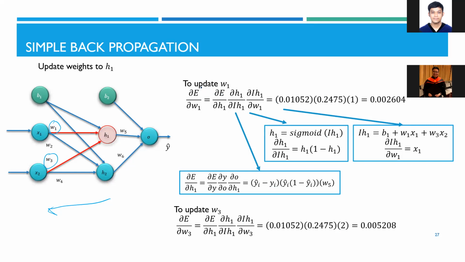Again, we start from the E. To reach W1, E should be derived to Y first, then to O, then to H1, then to the input of H1, and then W1. So it goes E to Y, Y to O, O to H1, H1 to the input of H1, and the input of H1 to W1, using this chain rule.